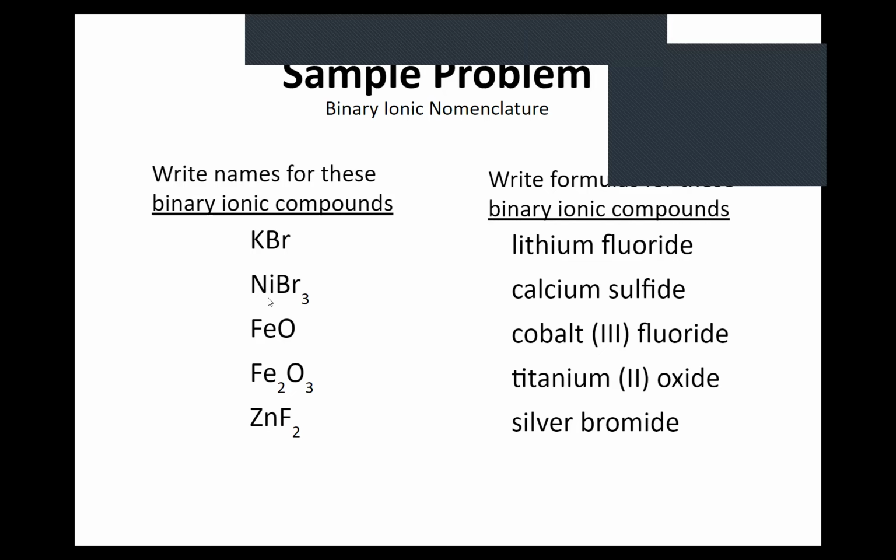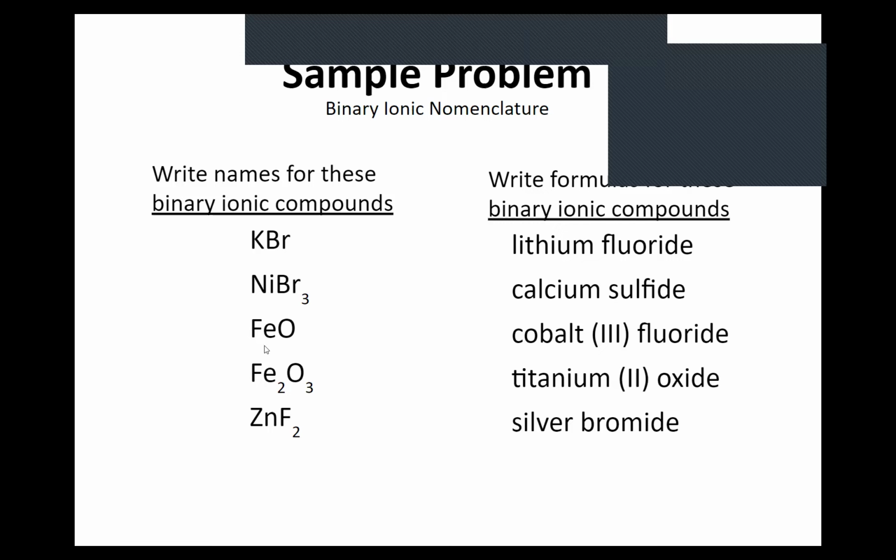That means that nickel's charge, which is variable because it's a transition metal, would have to have been a 3 plus. If it's a 3 plus, then when we name it, we write nickel, parentheses, Roman numeral 3, close parentheses, bromide. So nickel(III) bromide.